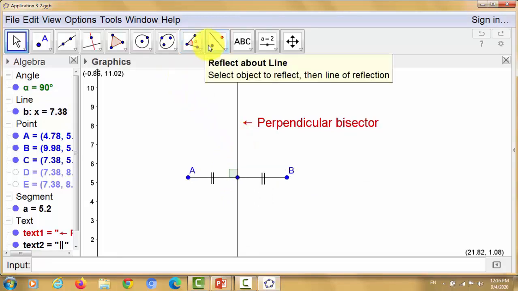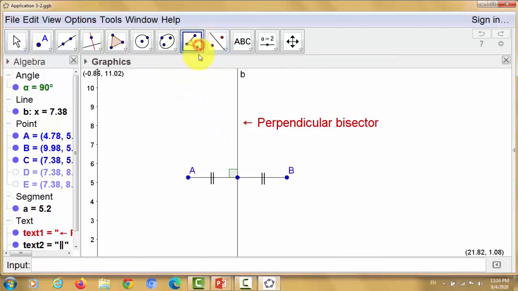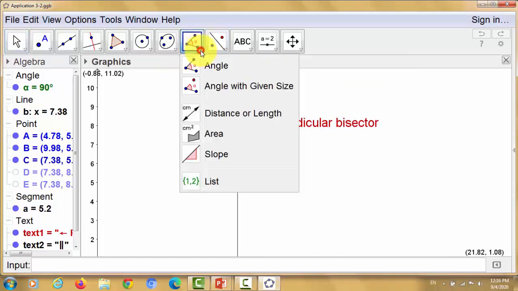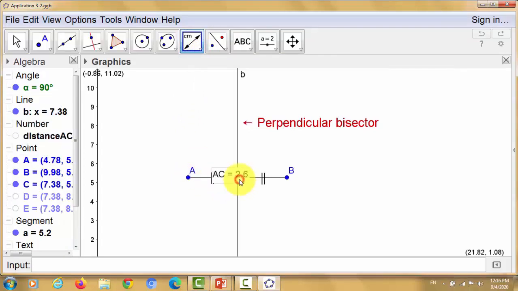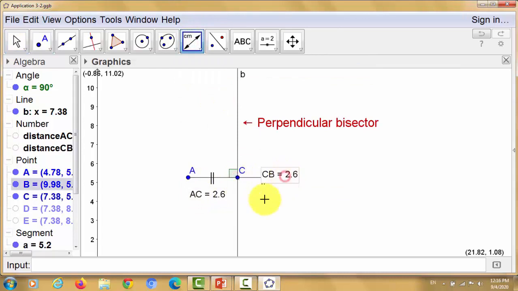I will measure here the two distances. AC, look, it is 2.6, and I will measure CB. Also, it is 2.6.